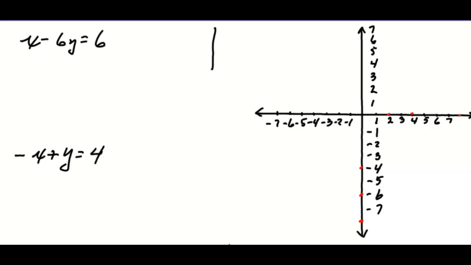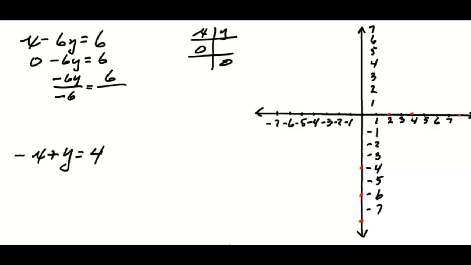Setting up coordinates again, x, y, 0, 0. In the first one, if x is 0, then 0 minus 6y equals 6. Dividing both sides, 6y over negative 6 equals 6 divided by negative 6. What we get is y equals negative 1.